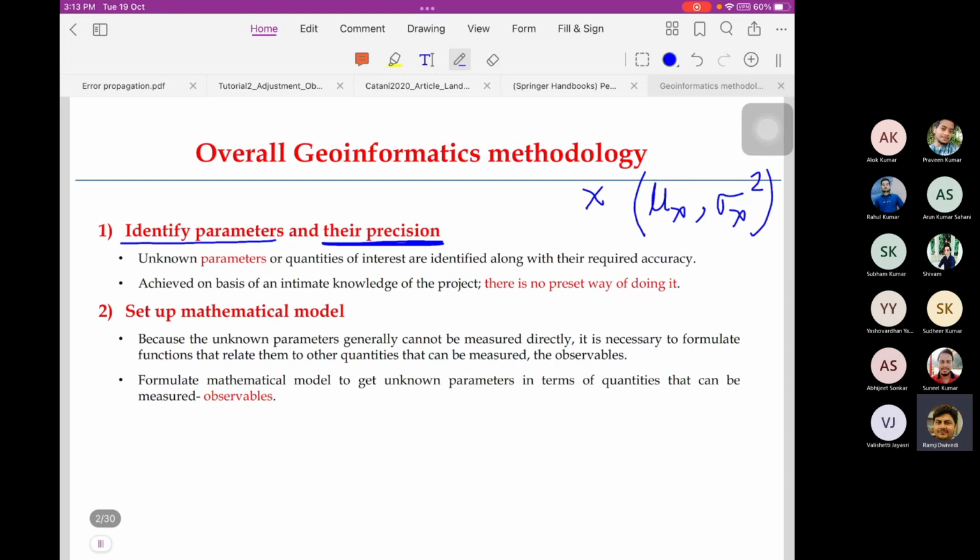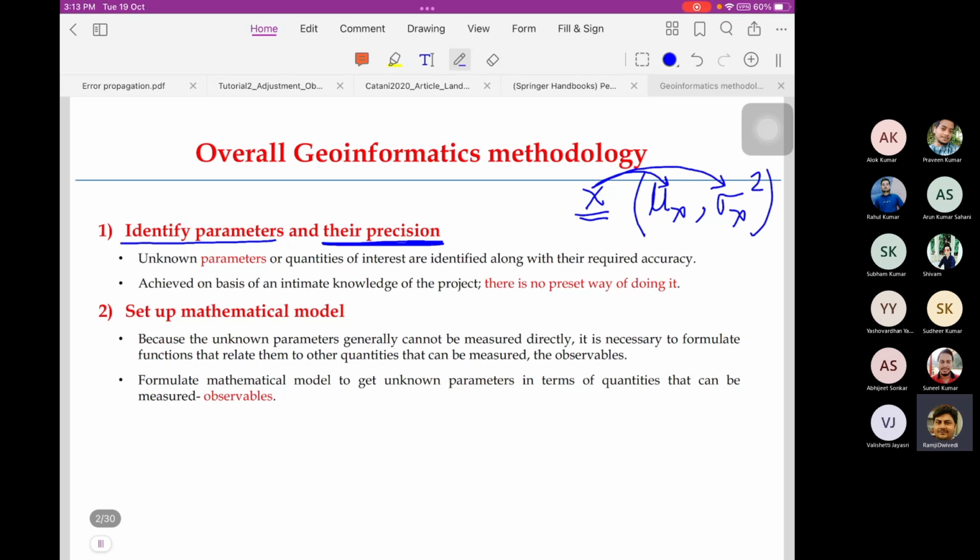Okay. So if x is your variable or parameter that you need to estimate, we are mainly interested in the mu x and its associated precision. So unknown parameters or quantities of interest are identified along with their required precision, achieved on the basis of an intimate knowledge of the project.